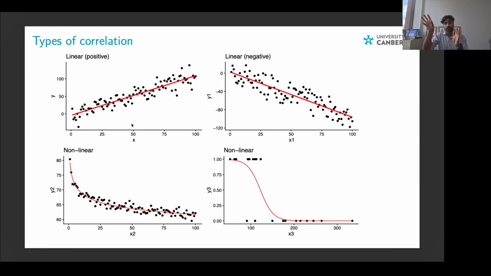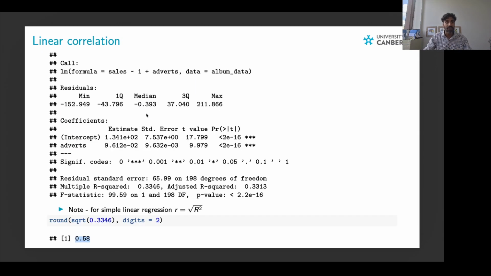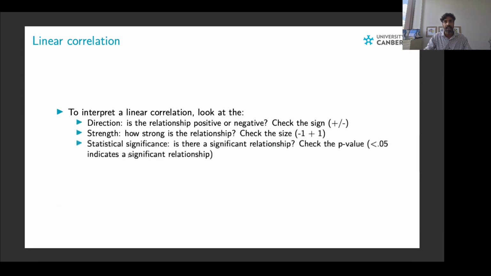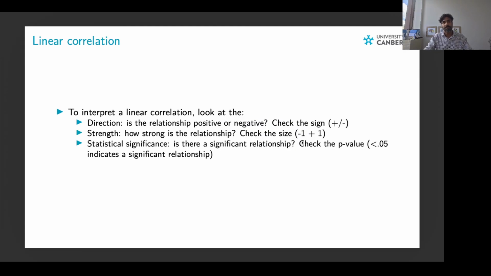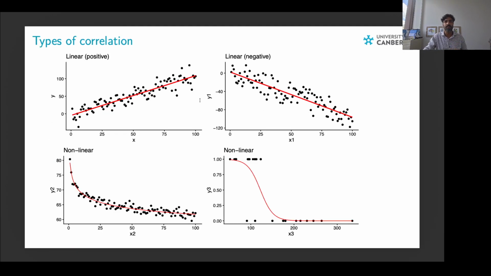So we have a positive correlation. Here, as you go up the x-axis for linear negative, the data points on the y-axis decrease. And so that's how you can get a sense of interpreting information here as well. As you spend more money on adverts in thousands of dollars, you get an increase in record sales. So that should be the framework you use when interpreting graphs.